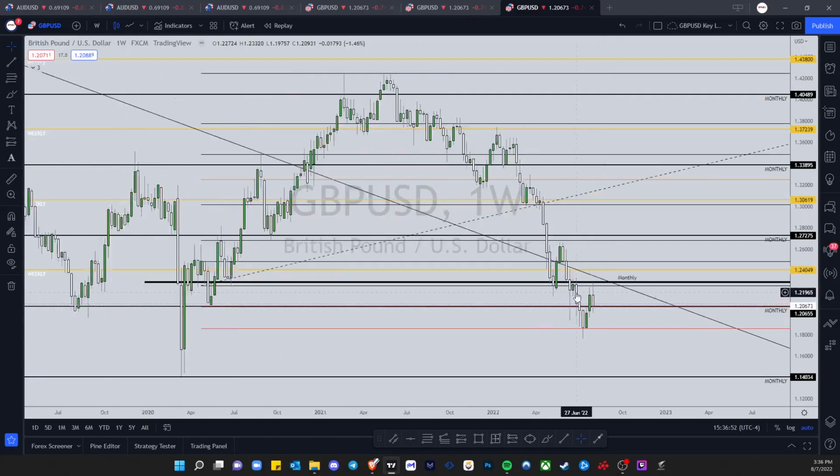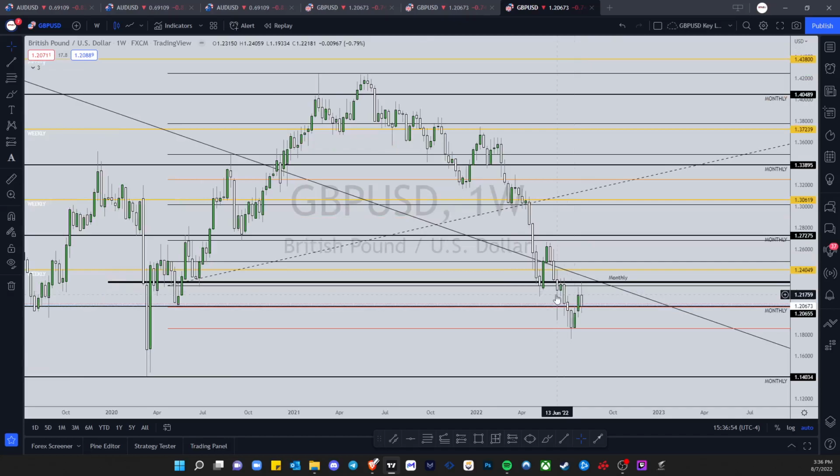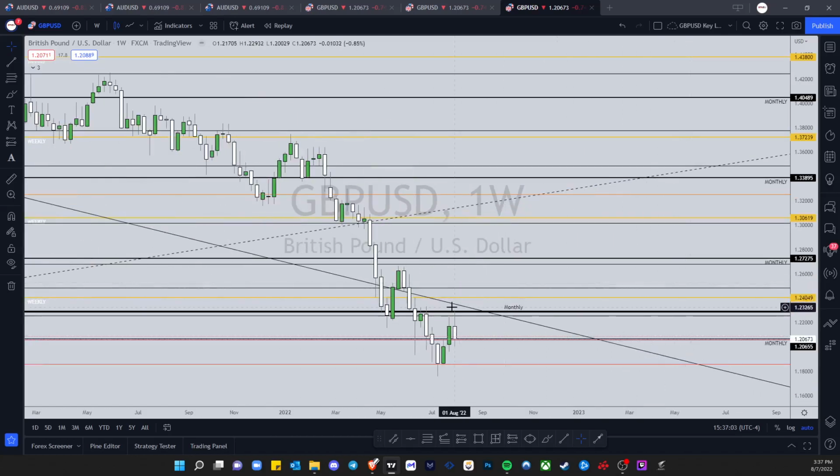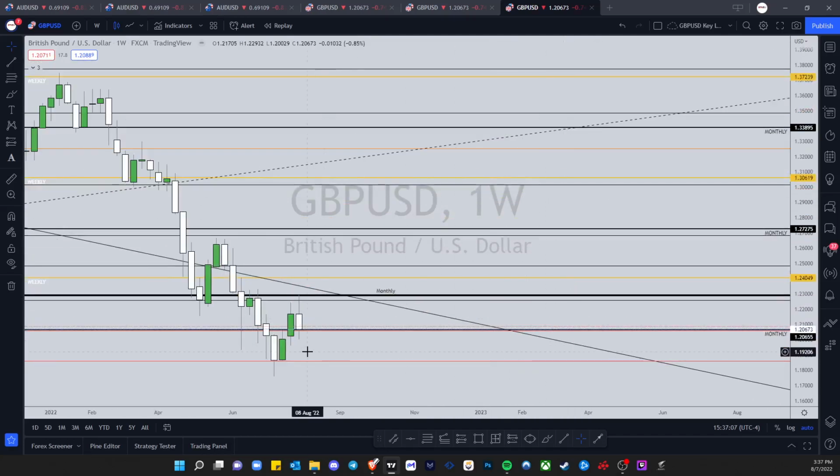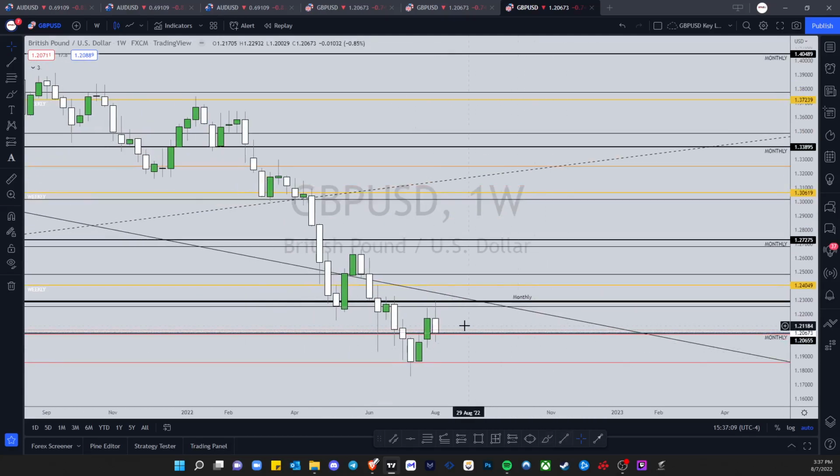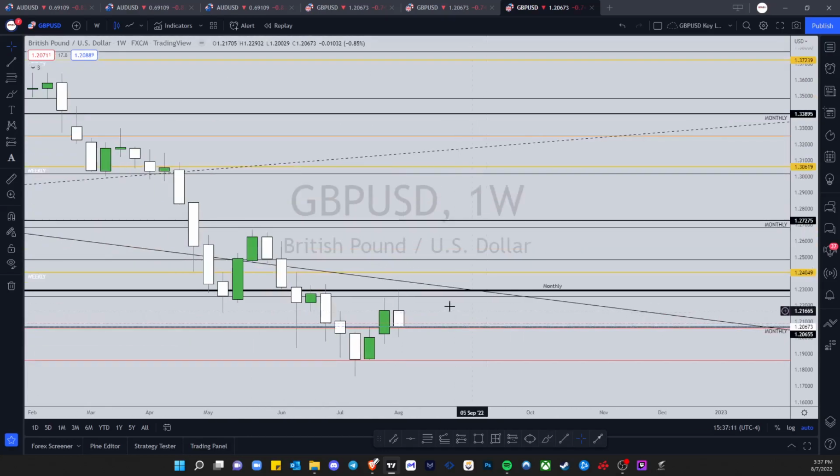So almost the same thing with AU, but then again, try not to compare one pair with another, because you gotta treat each pair like its own. All right, so even though they correlate, GU, three candles, bullish engulfing, right?